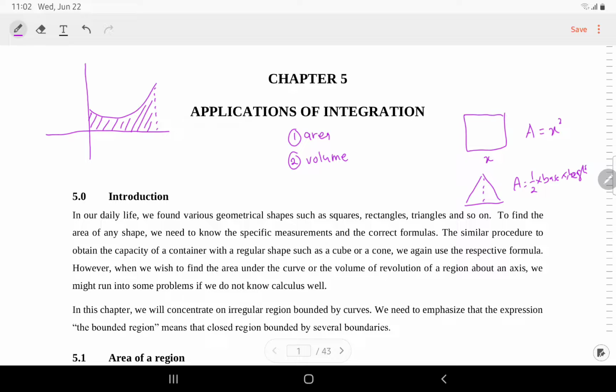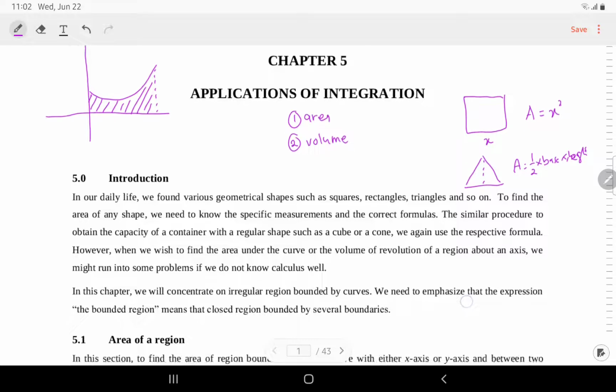In this chapter, we will concentrate on irregular regions bounded by a curve. So how to find the area of this region? We will use the application of integration.